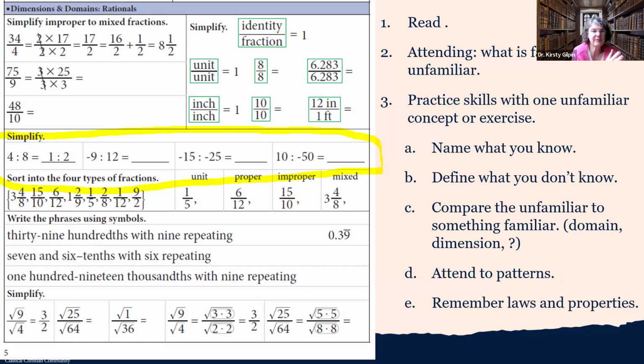And so that's where we see this pattern that's emerging here, that we might say, oh, well, 4 to 8, what's that the same as? Why is it the same as 1 to 2? If there were 4 adults and 8 children in a room, why would that be the same as 1 to 2? Does 1 to 2 describe what was in the room the same way?